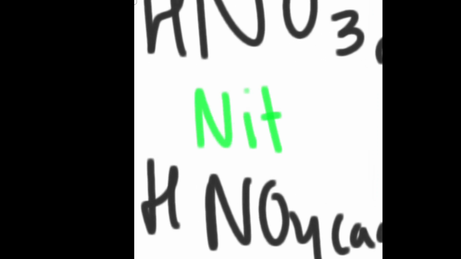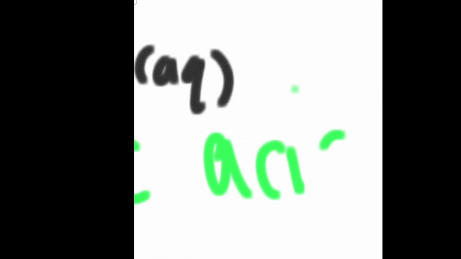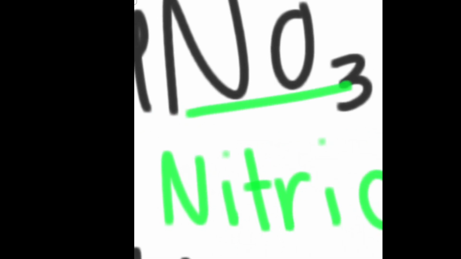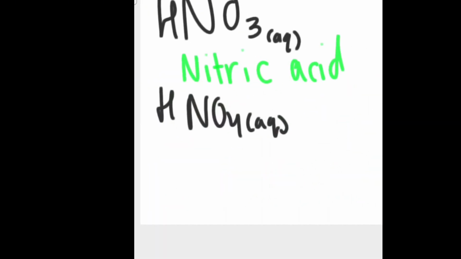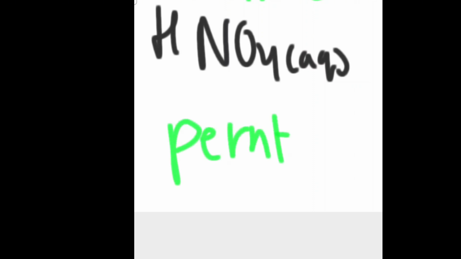Okay, so this right here is nitric acid. We know this because there's an H. This is a polyatomic, and there's a 3. We also have an aq. Now we have HNO4. There's one more oxygen, which is going to be per-nitric. Oh, I didn't add an i.